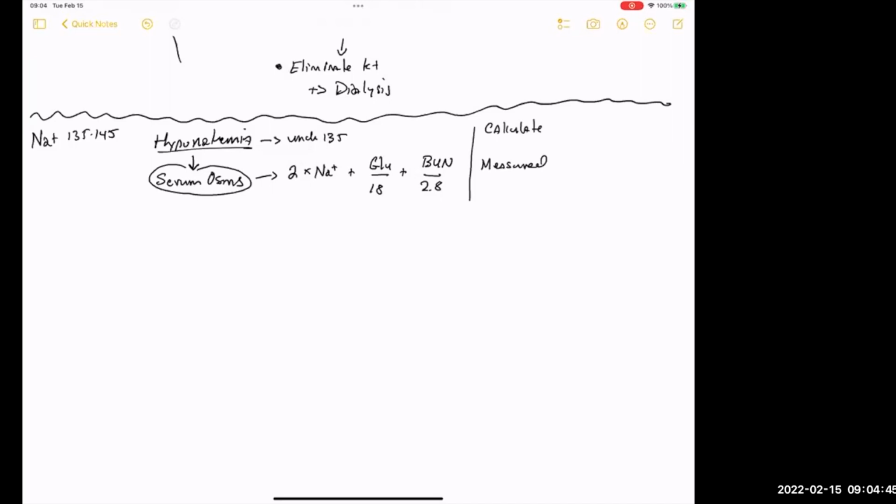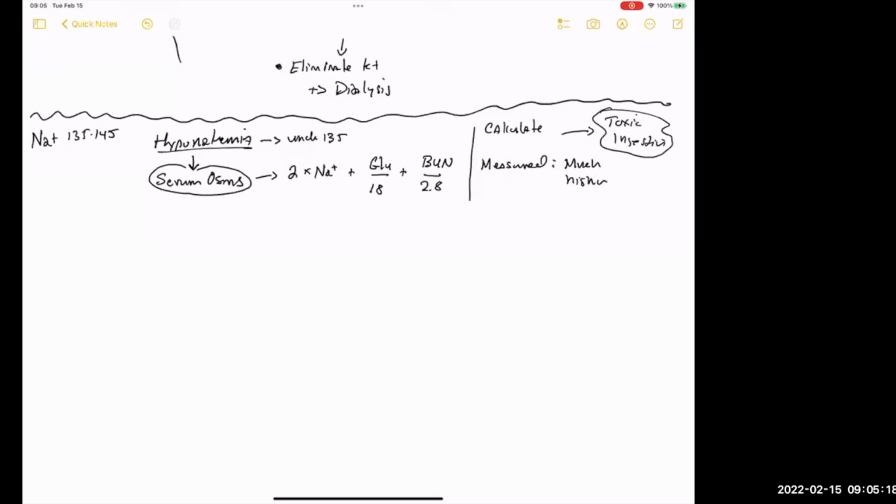And if the measured is much higher than the calculated, you want to think some sort of toxic ingestion. There's some sort of toxic ingestion going on. All right. Those are the differentials: ethylene glycol, methanol, things of that nature.